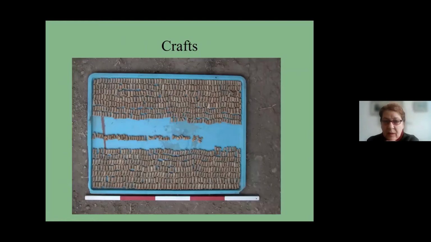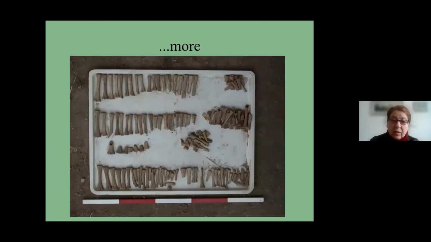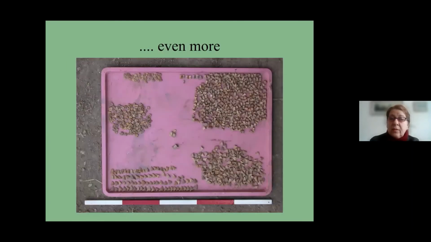I had some surprises at Amorium, as I had in just about every site, things that I didn't look for, that came across to me. And here I'm showing you a case for crafts. You can see I have a concentration of very small, tiny bones. They are the extremities, the phalanges and the metapodia of sheep.